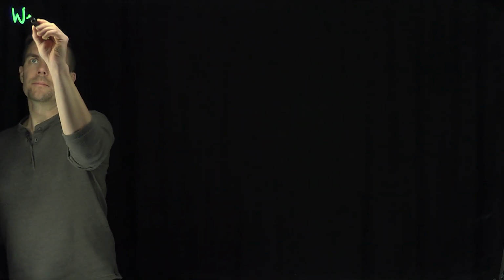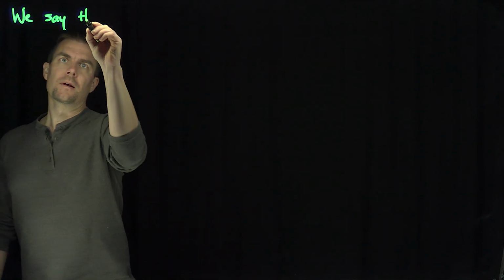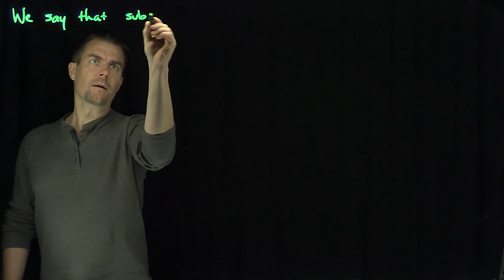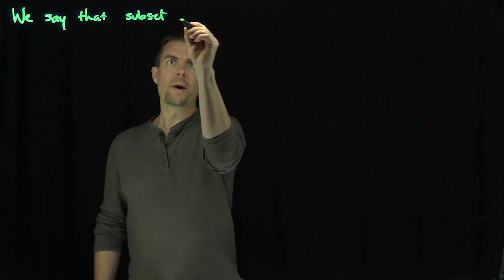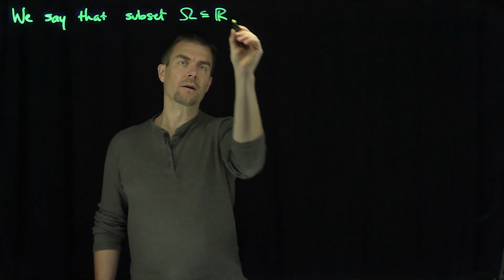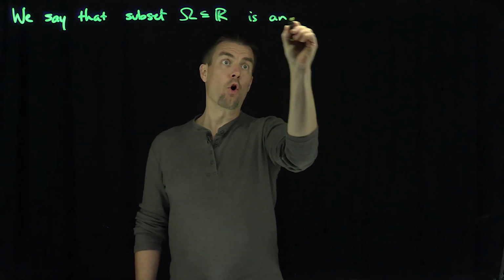Hello students, in this video we'll begin our discussion of the topology, the metric topology of the real line. We say that a subset omega, which is a subset of R, is an open subset.